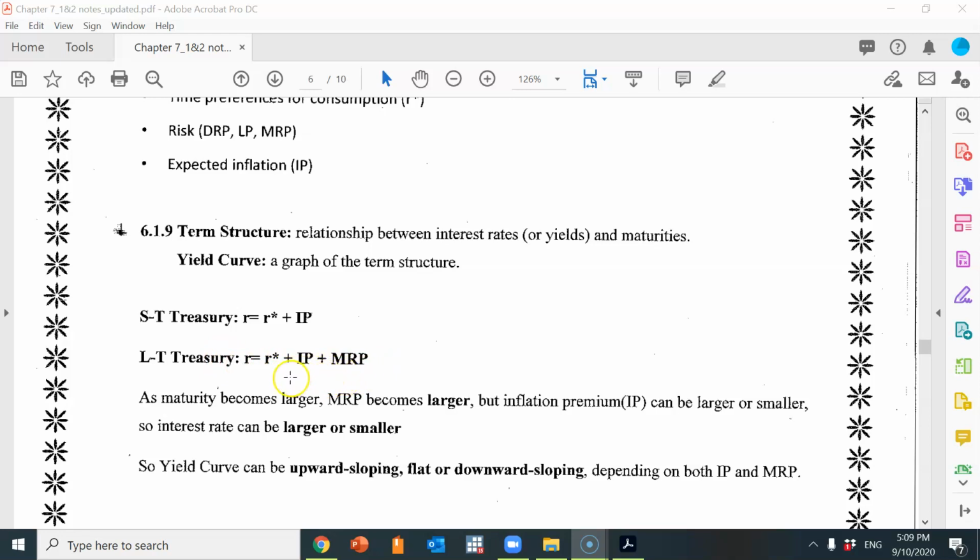Imagine you have two treasury assets of different maturity. They should start from the same R star, same real risk-free rate, same inflation premium. However, the bond with longer term should have a higher MRP.